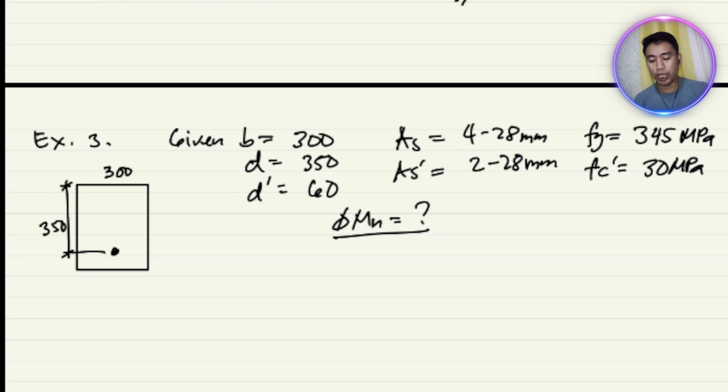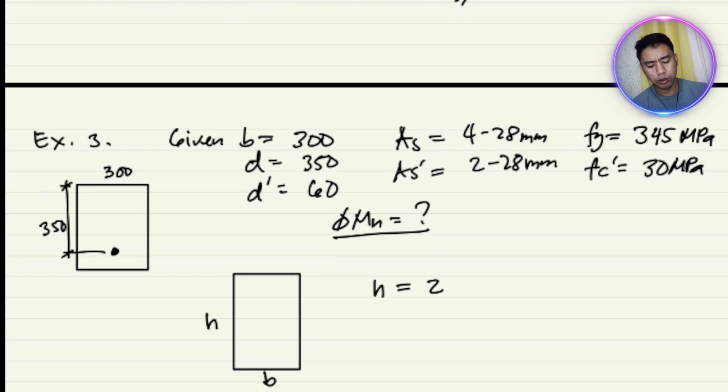Kasi nga, when we are designing beam, as much as possible, rectangular siya na deep rectangular. Meaning, if I will draw here, erase ko lang mamaya. If this is our B and this is our H should be equal to 2B, 3B. Okay? So our H should be at least twice of B, to thrice of B.